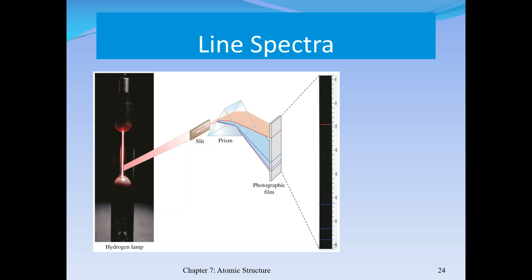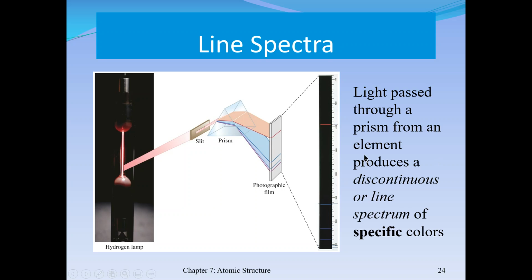All right. And if you were to project that light onto a prism as we did before, and then project it onto a screen, what you'll end up with is not a continuous spectrum that we observed before when we used white light. We end up with what is known as a line spectrum, which basically consists of lines of different color, indicating that the hydrogen is producing not the full spectrum of visible light, but different lights of different frequencies or wavelengths.